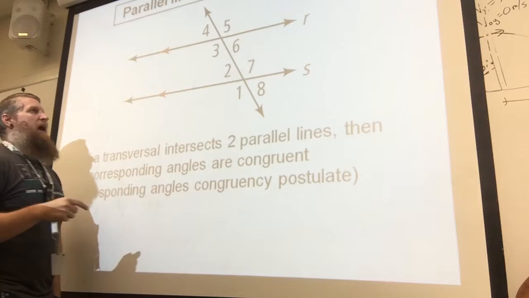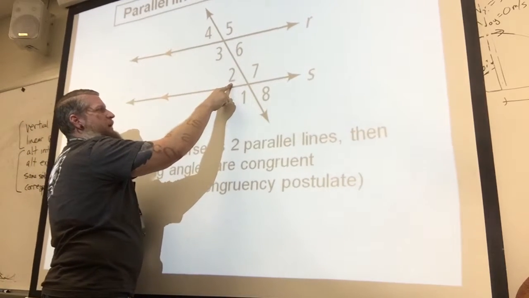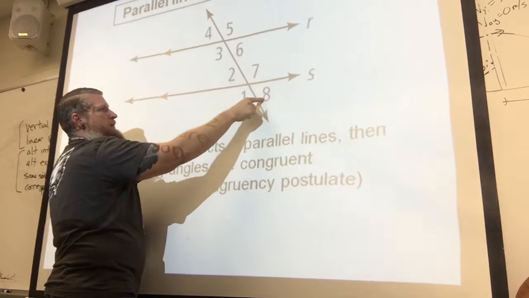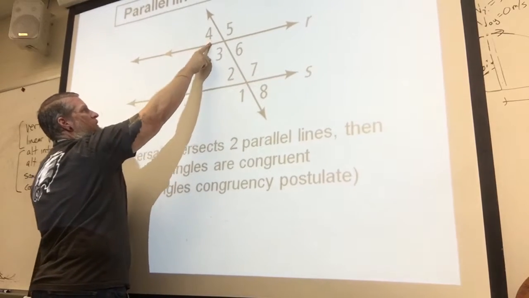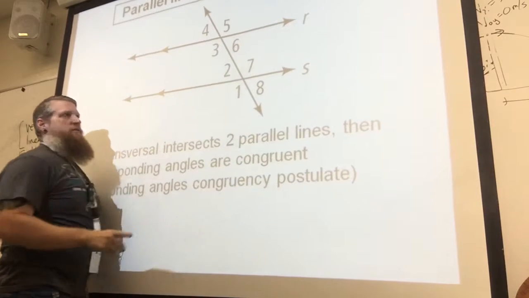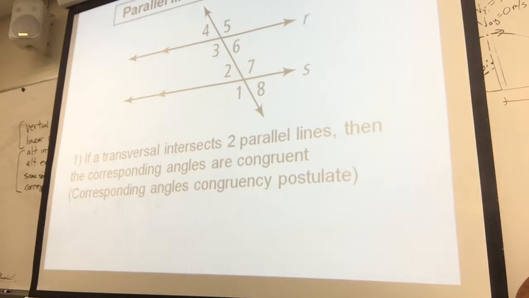Okay? Like I could go up here and say, that's an acute angle, correct? Is that an acute angle? Well, I know they're equal because they're vertical angles, but is that an acute angle? Is that one? They're all the same measure. 4, 6, 2, and 8 all have to be the same measure. Now, we have theorems that allow us to set it up in postulates. Like the first one is the corresponding angles congruency thing.